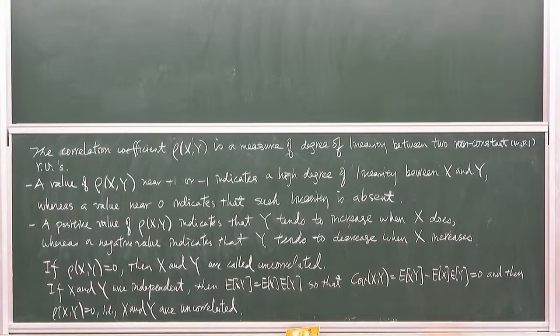If they happen to be these two extreme values, then they are linearly related with probability 1, which means they are exactly linearly related, because probability 1 means it happened 100%. These two random variables are linearly related. As we know, x is a function on the sample space, y is also a function, so these two functions are linearly related.